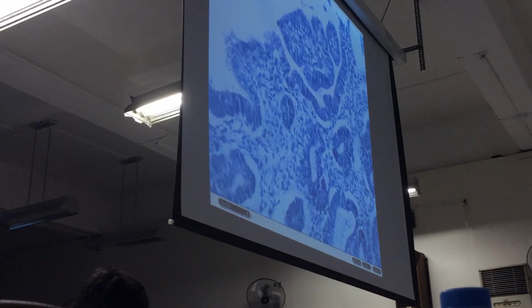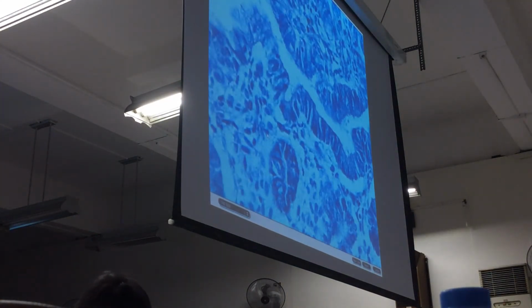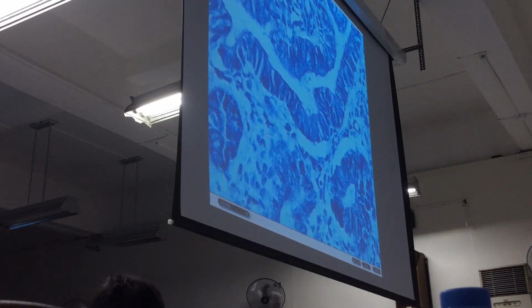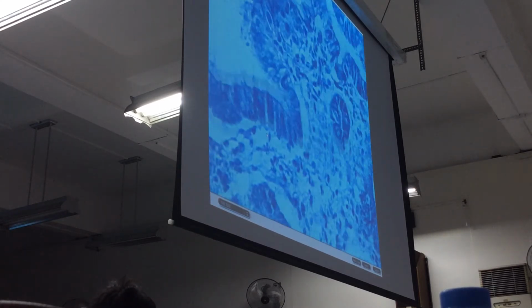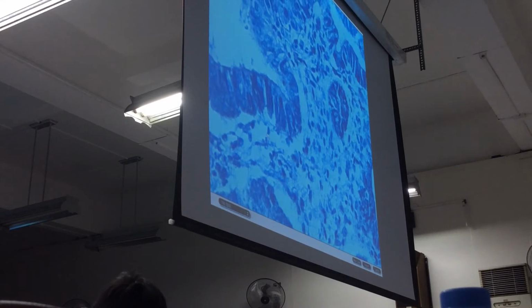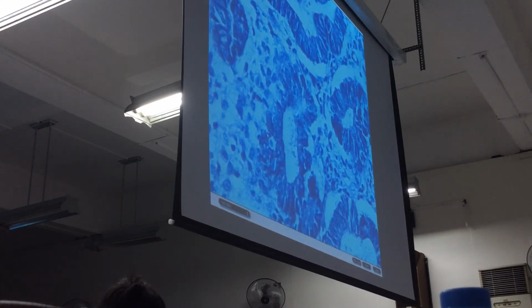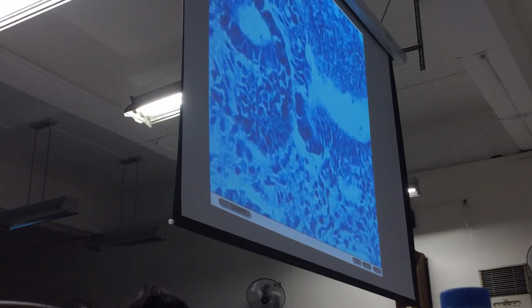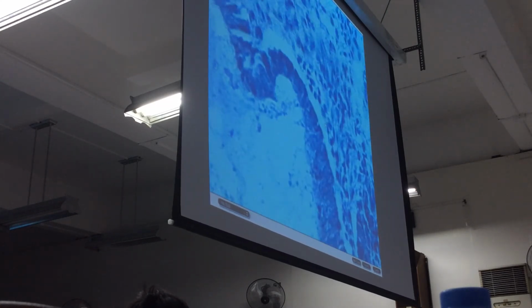Look at the lining epithelium on this side. If this is the one being focused, especially these cells here and those cells over there, okay, you can see hyperchromasia and increased nucleocytoplasmic ratio in the cells, as well as rounding of the nuclei in some areas, and that is complex hyperplasia as for the architecture, and it is showing you atypia.